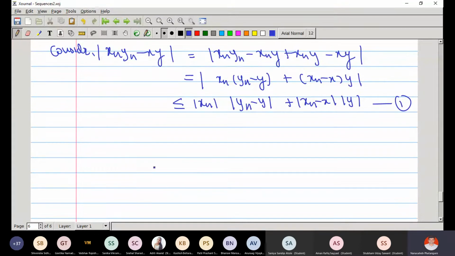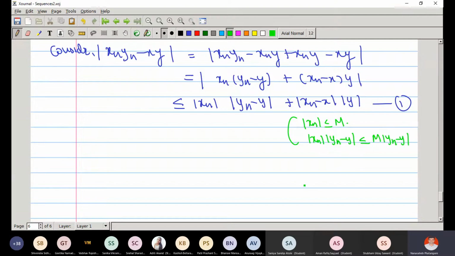But if somehow I am able to make absolute value of xn less than or equal to m for some number m, then what will I get? Absolute value of xn into yn minus y is less than or equal to m times absolute value of yn minus y.